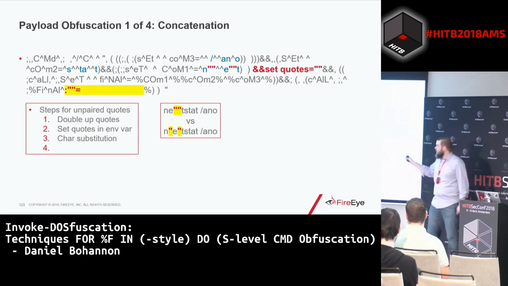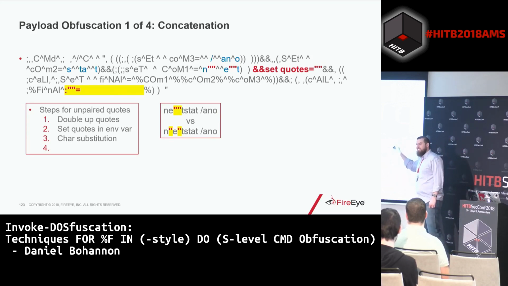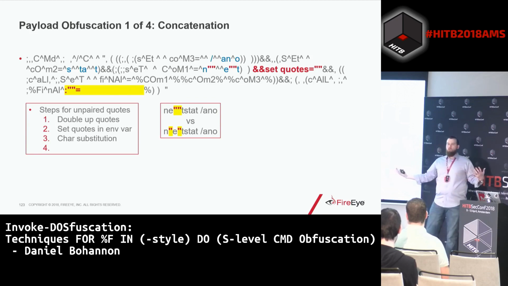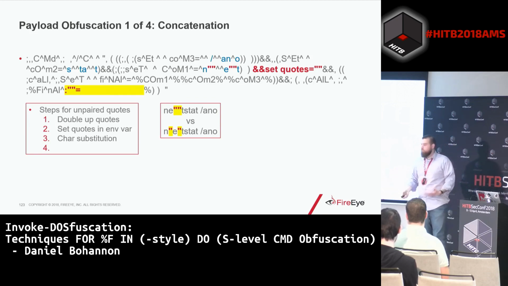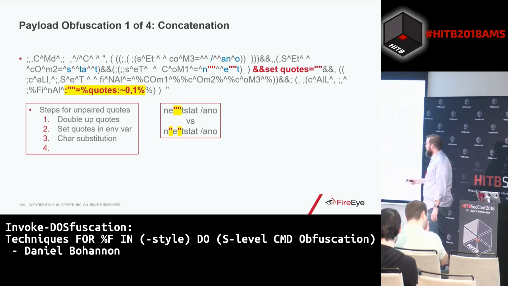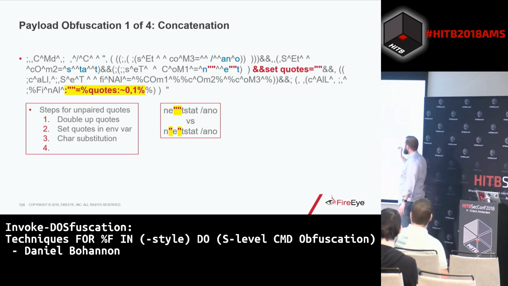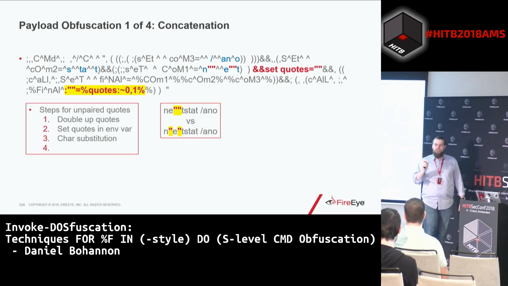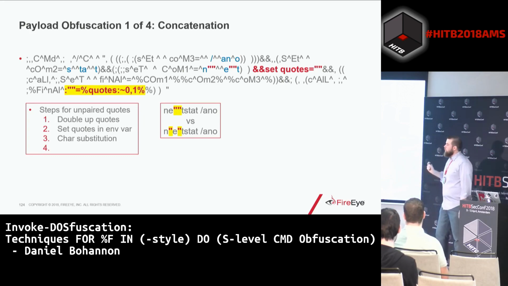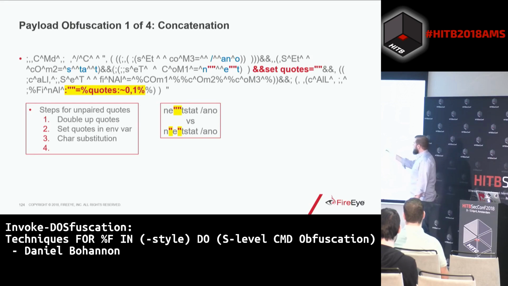The only problem is I can't just put a single double quote right there because that will break the whole thing anyways. We have to have evenly paired quotes. So what I do is I say, give me a single character, a single substring character of this quotes variable, which in memory is going to be one double quote. The only problem here is that the %quotes% is inside of the %final%. And so those percents are battling with each other.